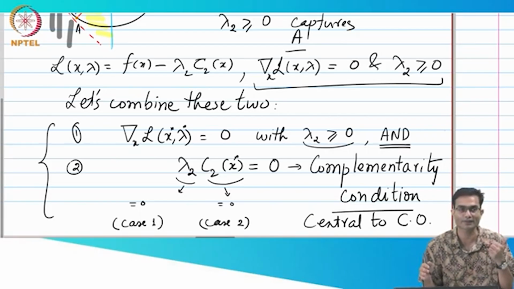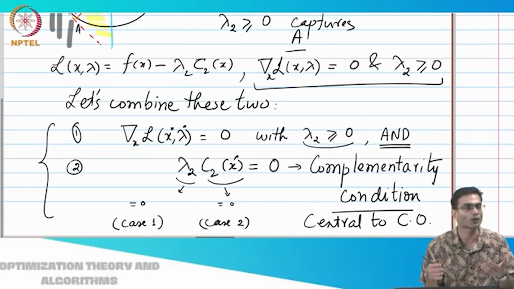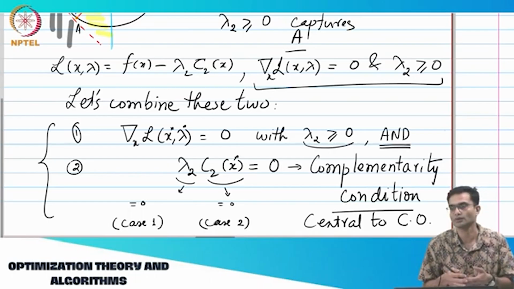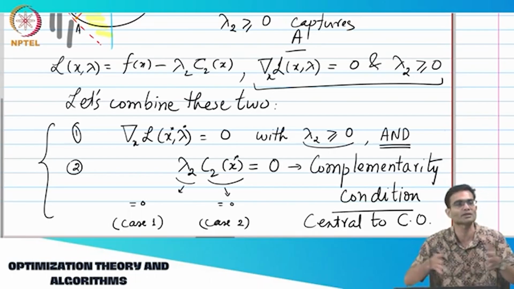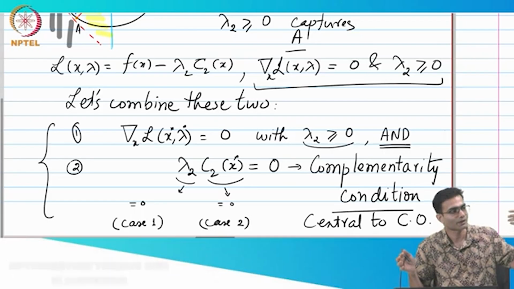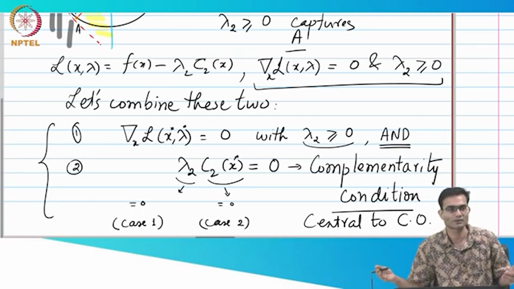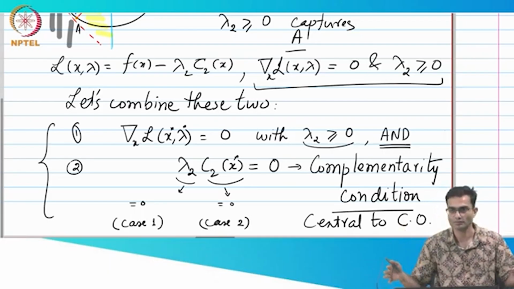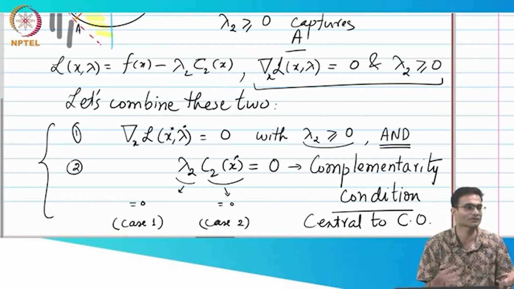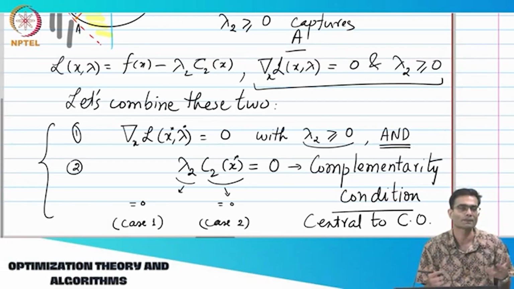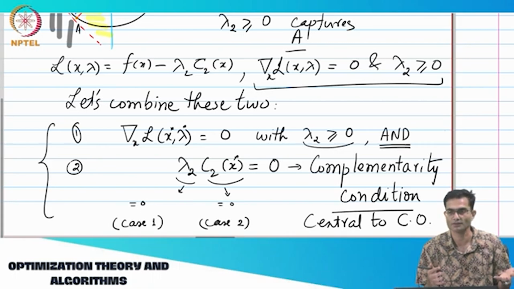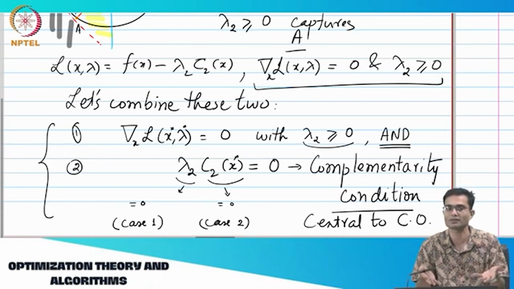In the case of equality constraint, we never needed this complementarity condition, right? So later on as we go, we will talk about a general situation where I have equalities and inequalities. Together we'll formulate one big hefty theorem which tells us what are the first order necessary conditions for constraint optimization. But all the nuts and bolts are here itself.